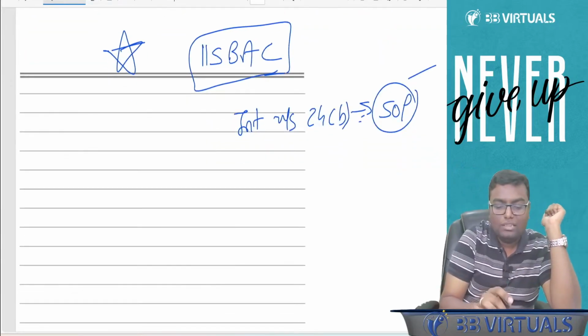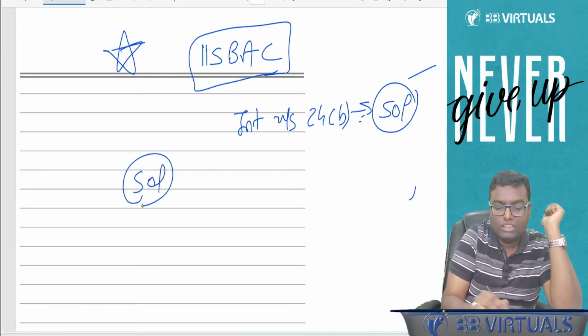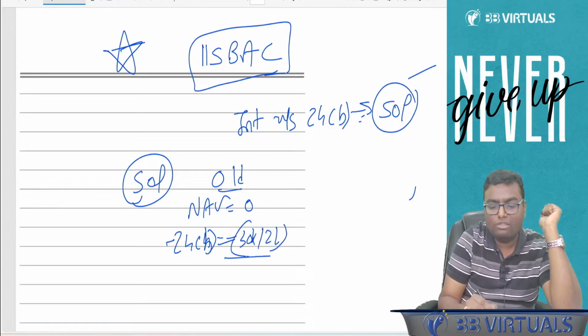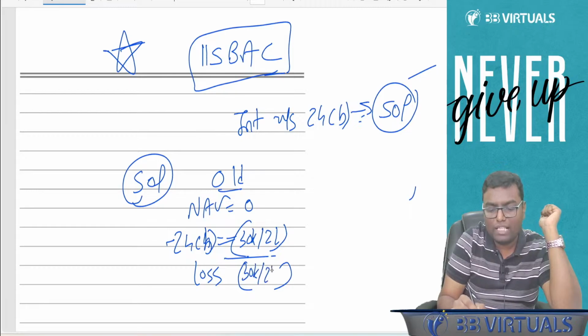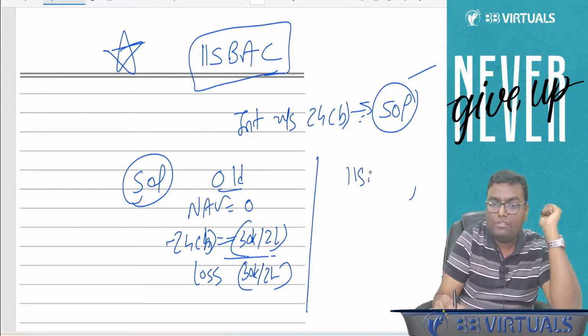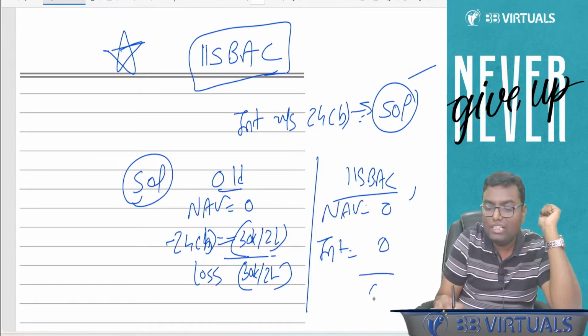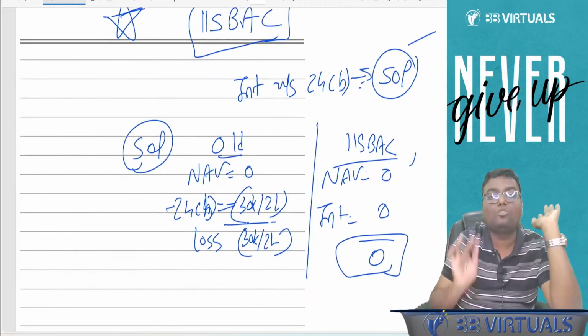So what will happen if it is SOP? If it is old regime, NAV will be 0, but there will be something called as 24 clause B ka deduction, either 30,000 or rupees 2 lakh, and there will be something called as loss, either 30,000 or rupees 2 lakh. But if it is 115 BAC, the NAV will be 0, even the interest deduction will also be 0, ultimate income from house property will be 0.